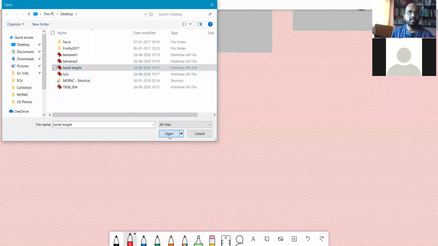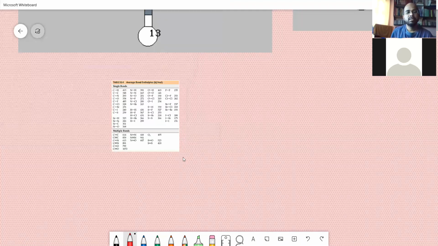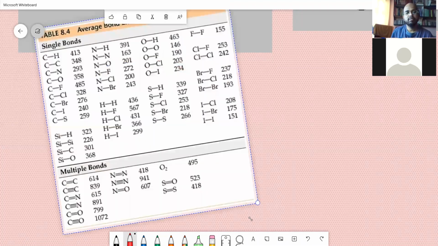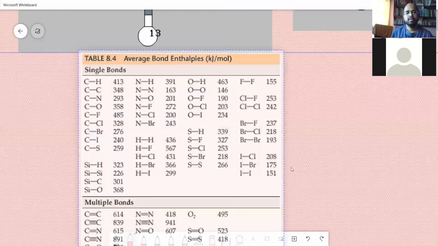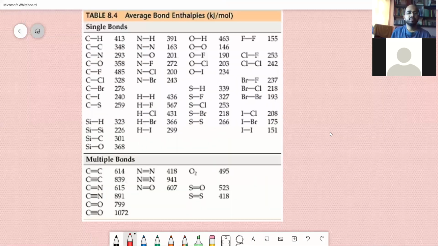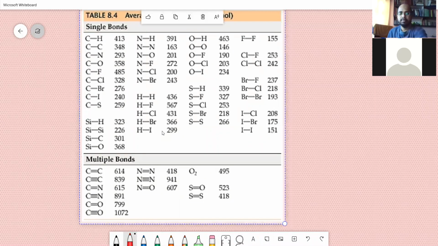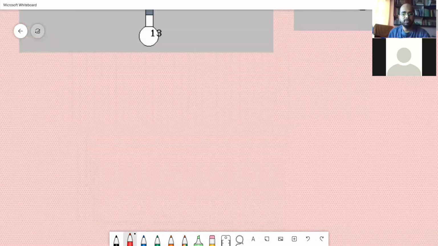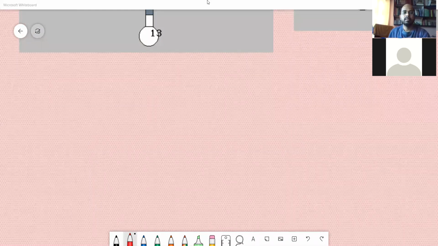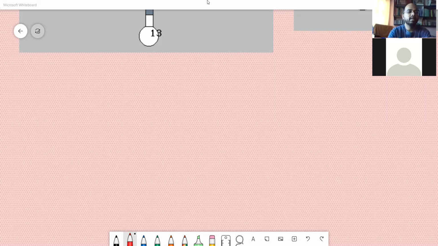You will need to have a knowledge of the bond lengths. Here it is, the single bonds, the enthalpies of that, and sorry, this doesn't give you the required picture. Bond lengths and bond angles are there.